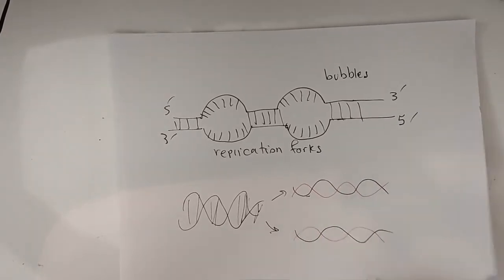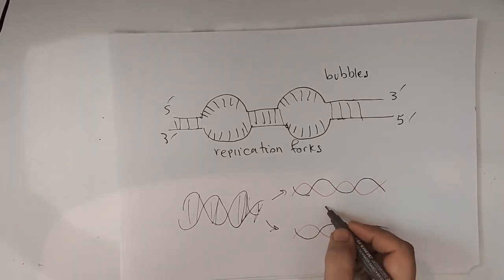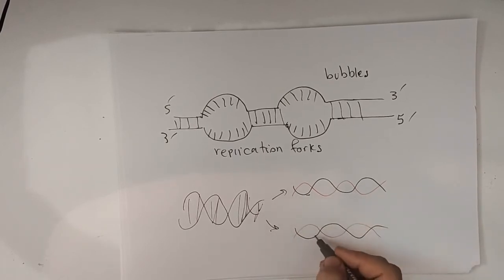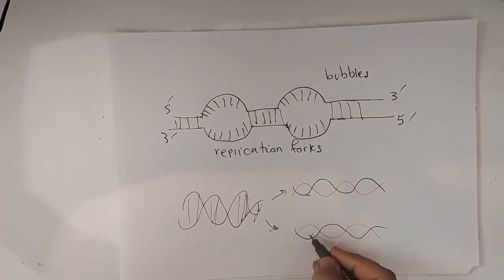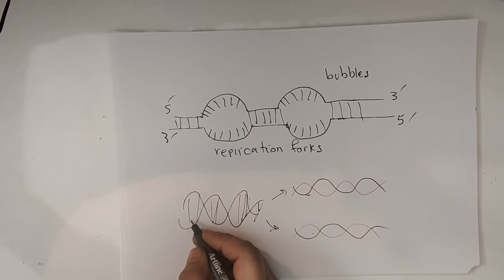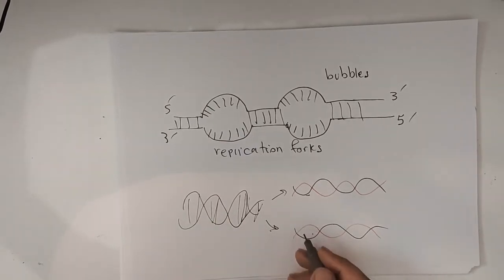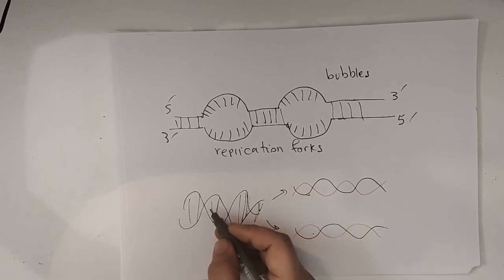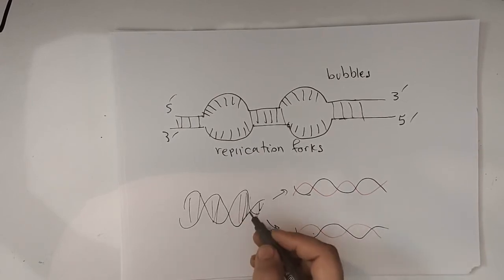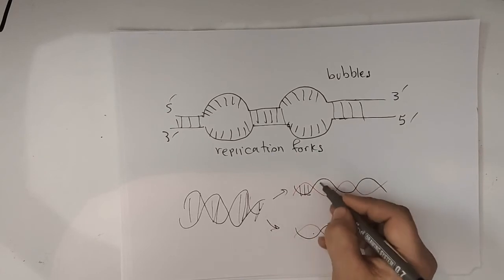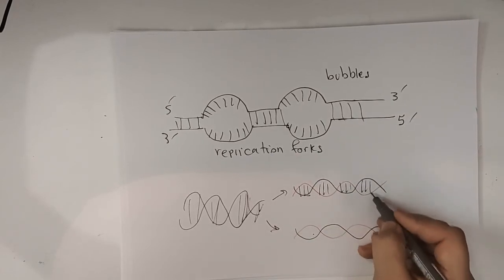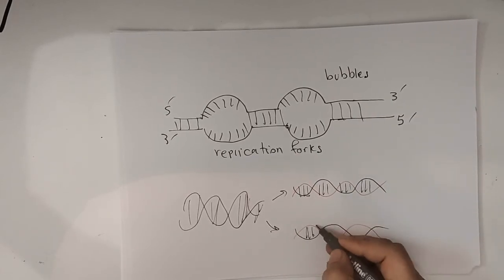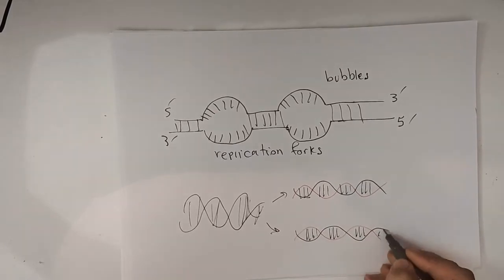Each of these cells receives identical DNA, exactly similar to the parents. So half of the original DNA is conserved into each of the new molecules, as you can see. That's why we call this semi-conservative replication.